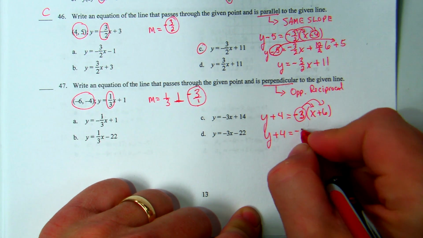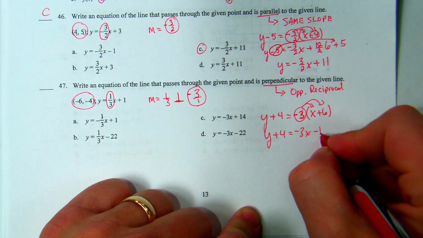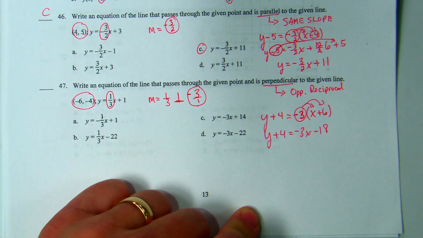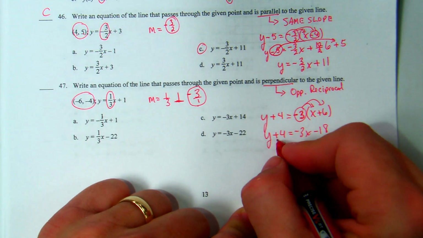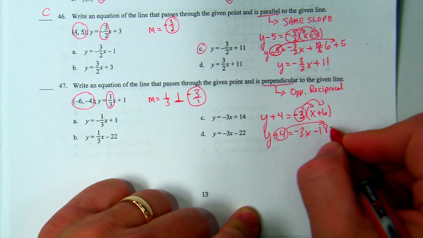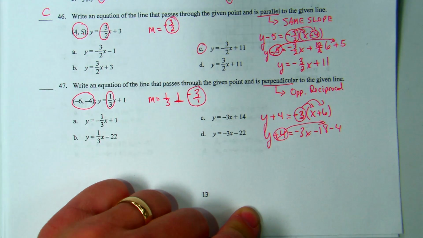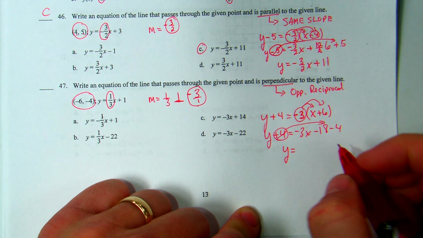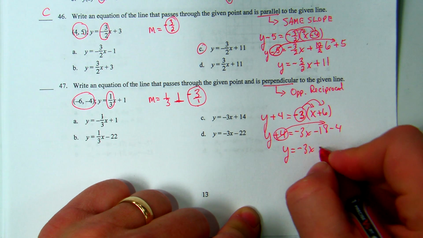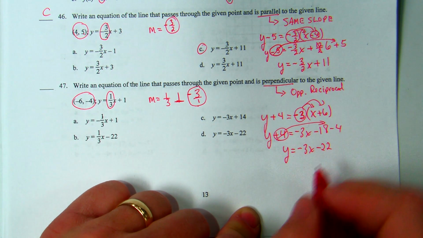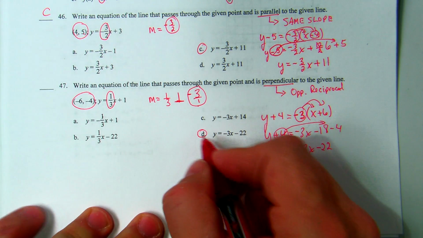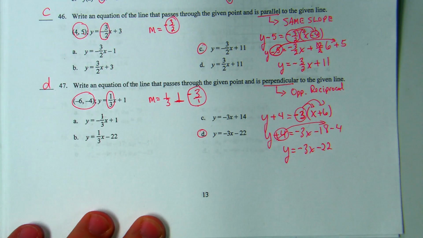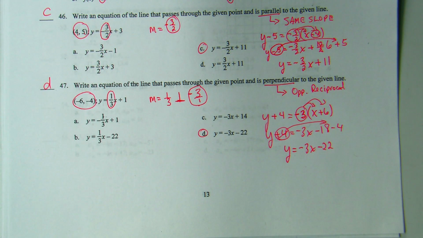Y plus 4 is going to equal a negative 3x minus 18. I'm then going to take my 4 to the other side, which means I subtract it from both sides. Y is going to equal negative 3x minus 22. The answer should be D on 47.